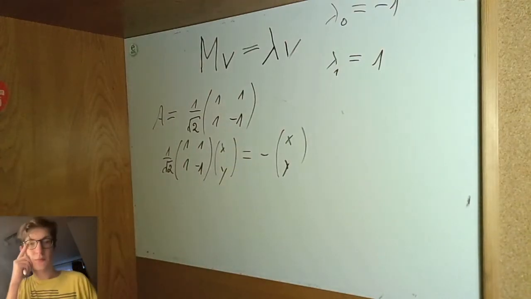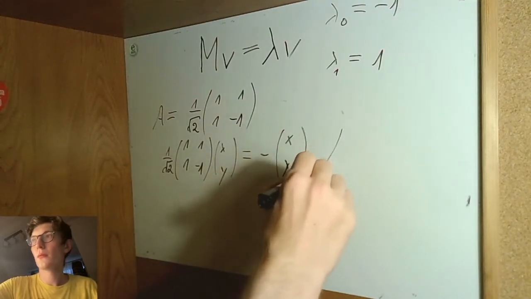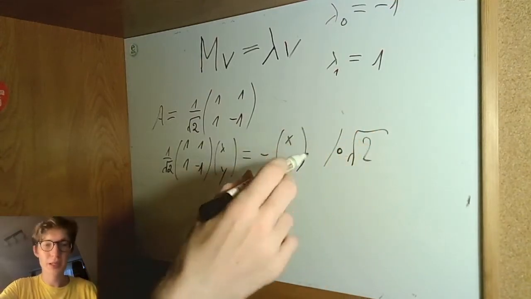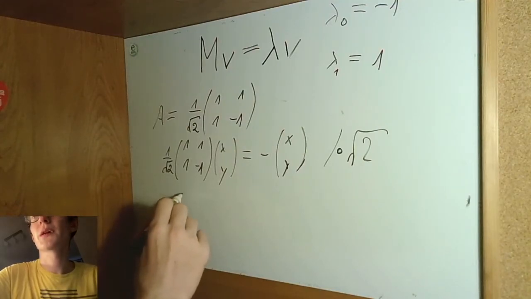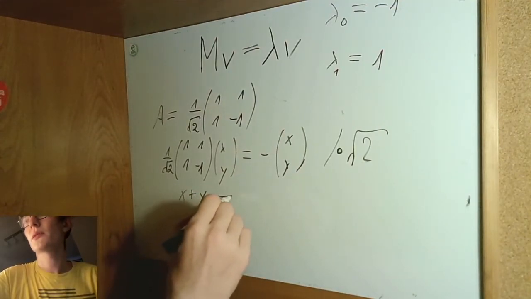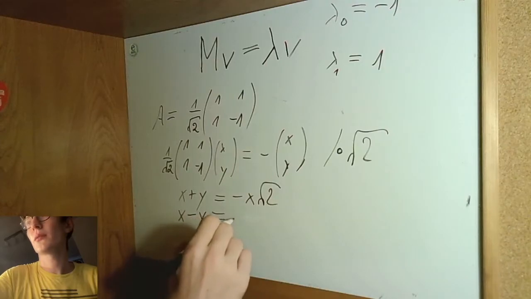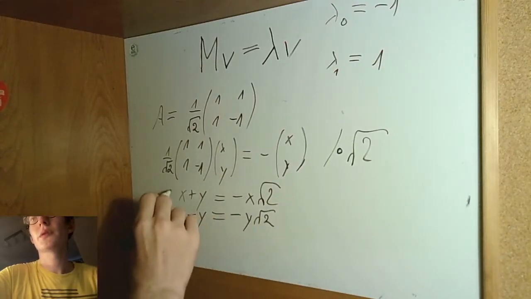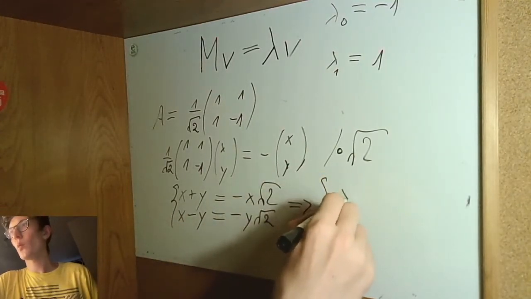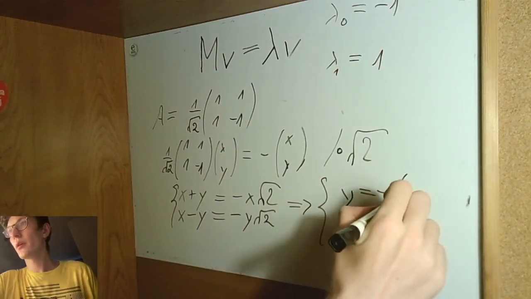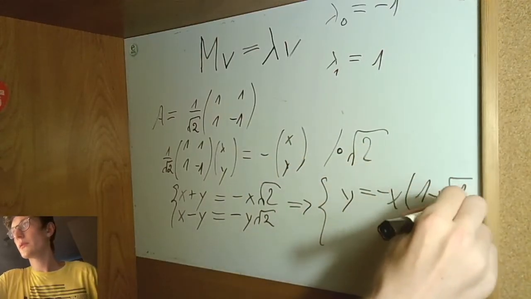As previously, we have some system of equations. I propose to multiply the whole thing by square root of 2, both sides. Then we will have a simpler form of this system of equations. So we get x plus y equals minus x times square root of 2. And x minus y equals minus y times square root of 2. That's the second equation. What we get is y equals minus x, 1 plus square root of 2.